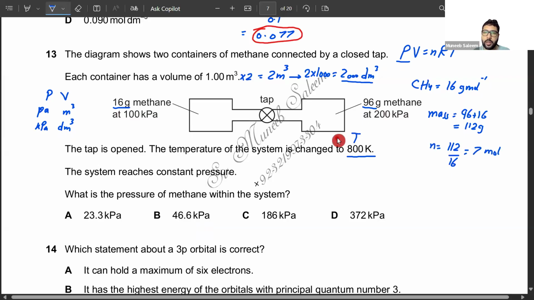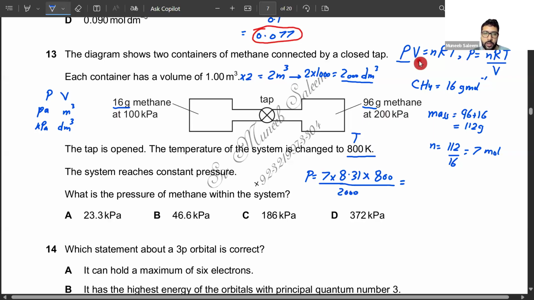We have also got the value of mole. Now we simply need to rearrange this formula of PV is equal to nRT for the pressure. It will be equal to pressure is equal to nRT over V. So by putting the values, P is equivalent to moles, calculated to be 7 mole, into R, the general gas constant, value is 8.31, and temperature is 800, divided by the value of volume, that is calculated to be 2000 dm cube.